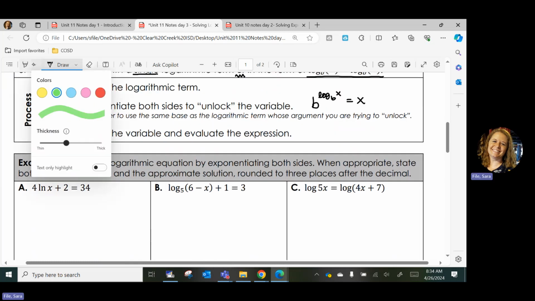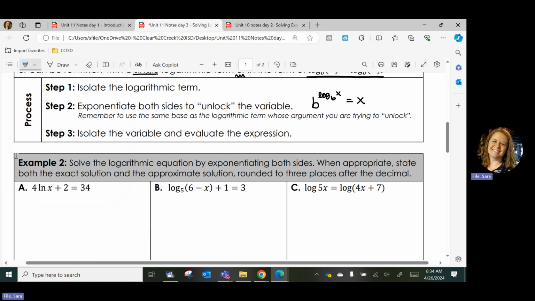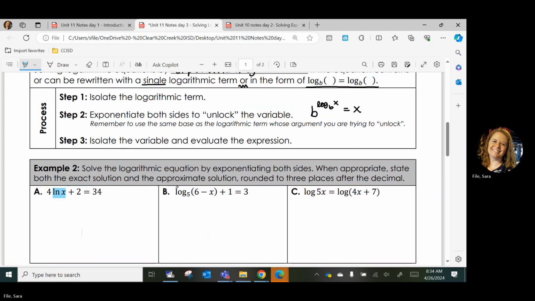The first step is isolate, though. Isolate the log expression. That means if there's a coefficient or a constant added or subtracted on the outside, those need to move. So in this case, there's a 4 and a 2 that both need to move away from the log expression. In B, my log expression is log base 5 of 6 minus x.